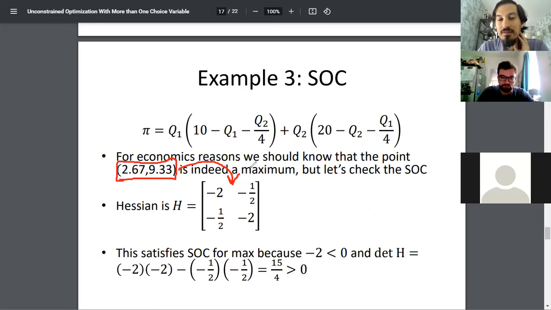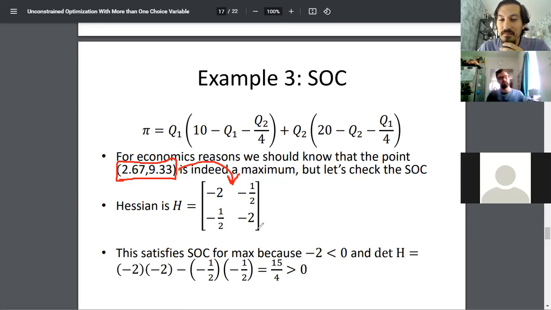So let's finish off this problem and say, how can we tell for sure this is a maximum? I'll do it in green here because it's like a check. It needs to be positive, the determinant, yes, but it's not just the determinant. There are two things we have to check.